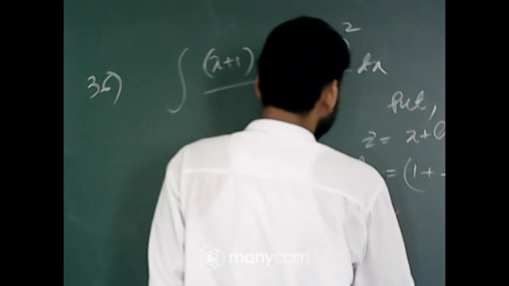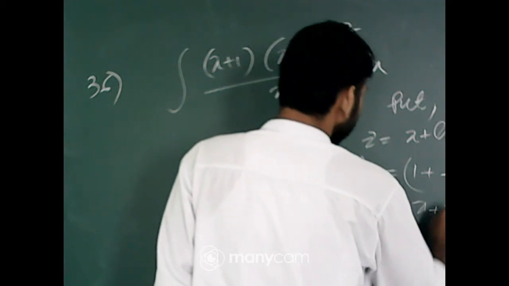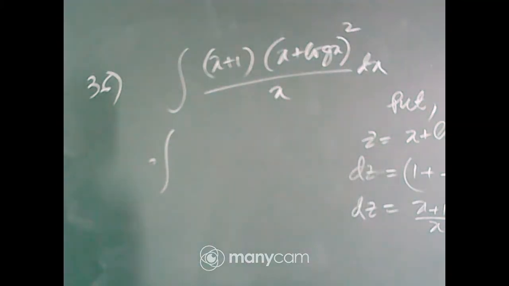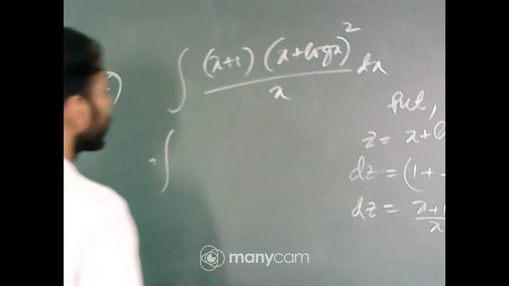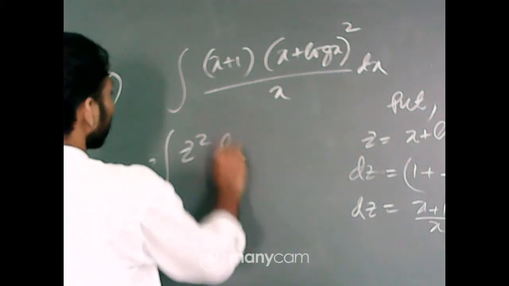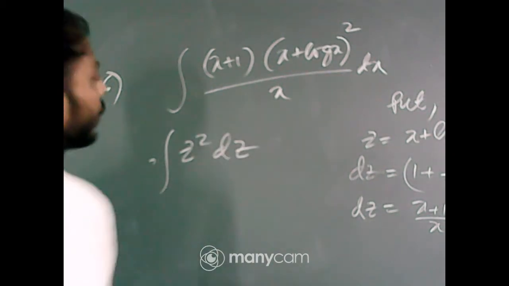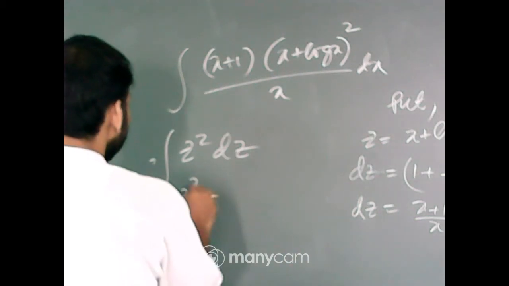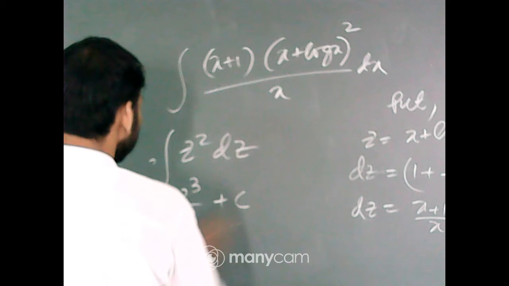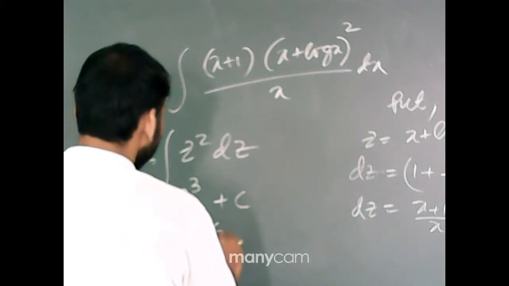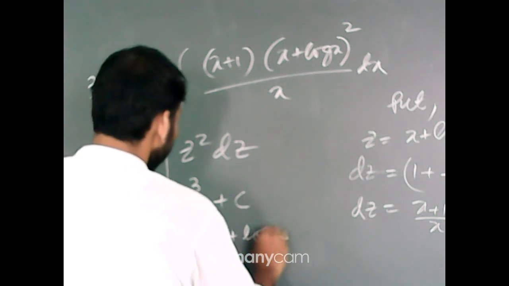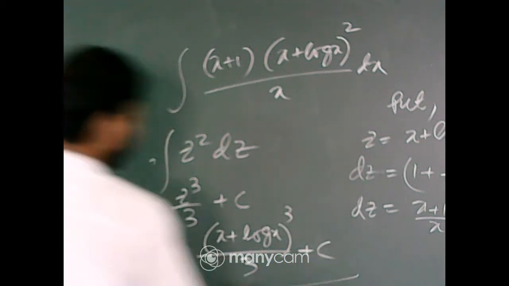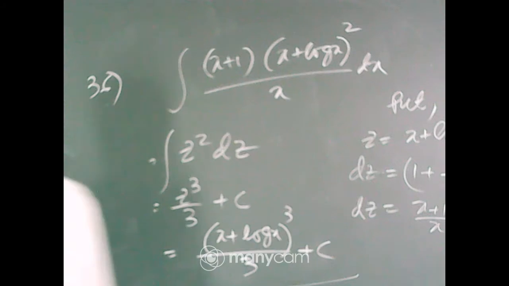That means dz equals x plus 1 by x dx. So instead of x plus 1 by x dx, we will put dz. That means it will be z square dz, because x plus log x means z. After doing the integration, it will be z cube by 3 plus c. Now just put the value of z. So x plus log x whole cube by 3 plus c. That is question number 36.